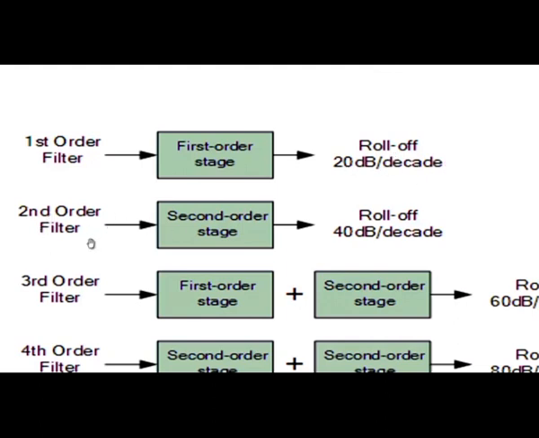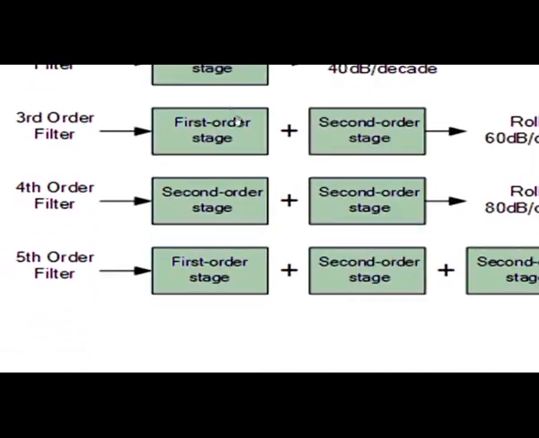And if it is a second order filter, we know that another set of R and C pair is connected in the filter stage, which produces 40 dB per decade in the frequency response. And in the third order, the first order filter is cascaded with the second order filter to produce the third order filter.